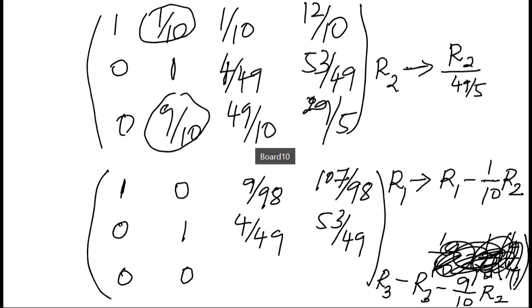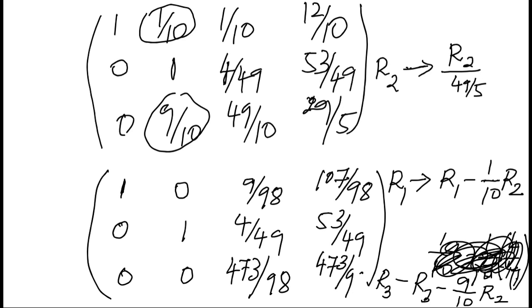R3, which is 49 by 10, right? 9 by 10 into the corresponding R2 element, which is 4 by 49. So you will have 473 divided by 98. And this element also becomes 473 divided by 98.